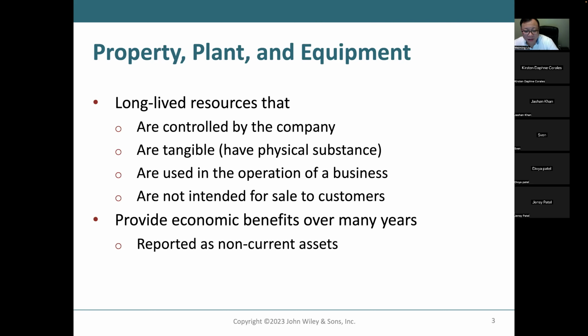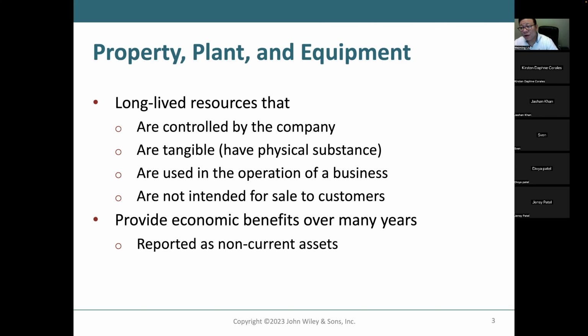They are not intended for sale to a customer. It's not like U of L is going to sell this building to a third party one year after the construction. They are not a construction company. They are not flipping constructed assets.